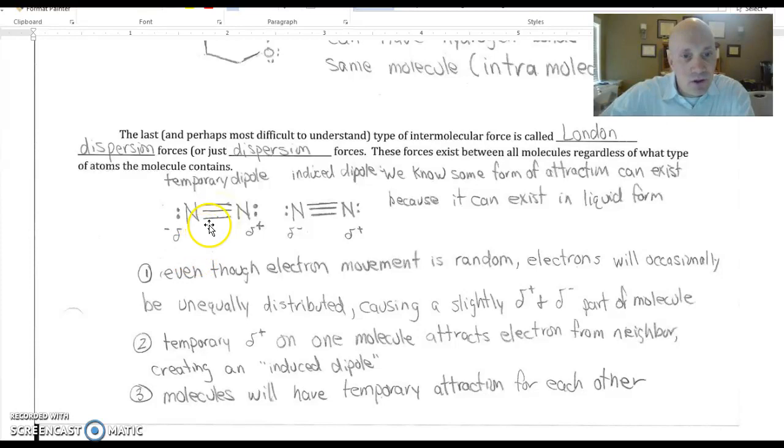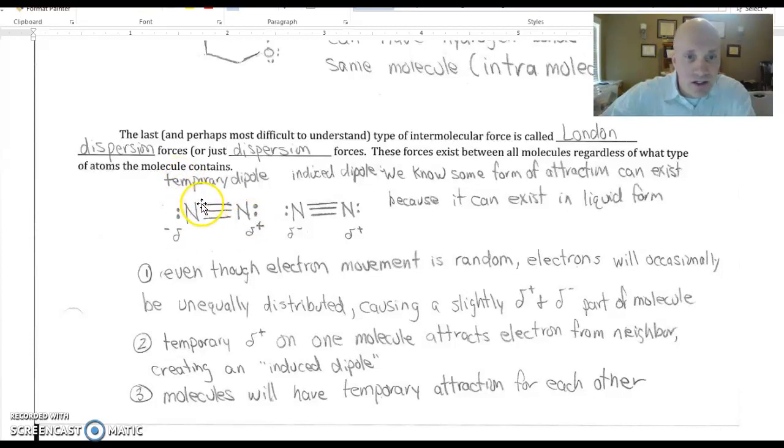The thing that happens, though, is that even if you have molecules of equal electronegativity in what we would normally say is a nonpolar bond, random electron movement, even though it's random, will occasionally cause the electrons in these bonds to temporarily be more on one side than the other. All right, and when that happens, you have a temporary situation where one end of the molecule will be delta negative and the other will be delta positive.